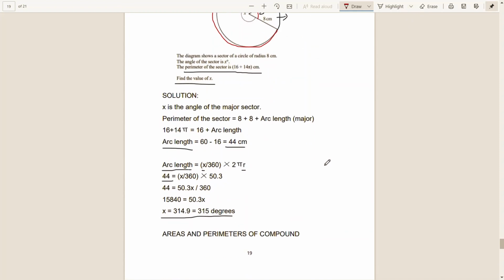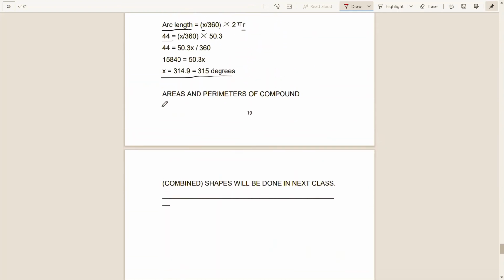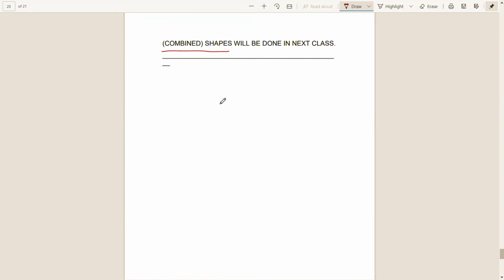So we're done with today's lecture. Yes, this is a note: areas and perimeters of combined shapes. For example, this is a parallelogram and this is a triangle.